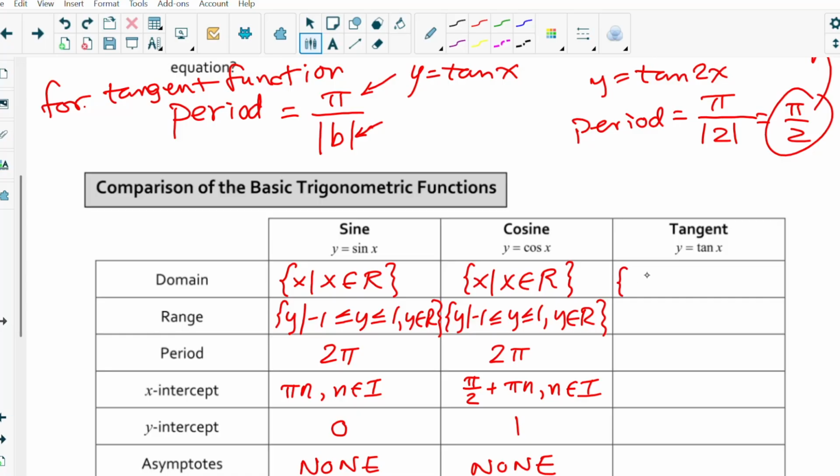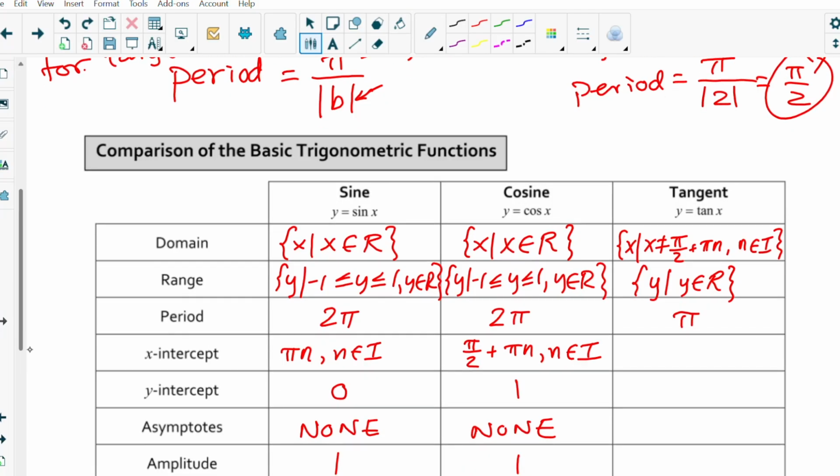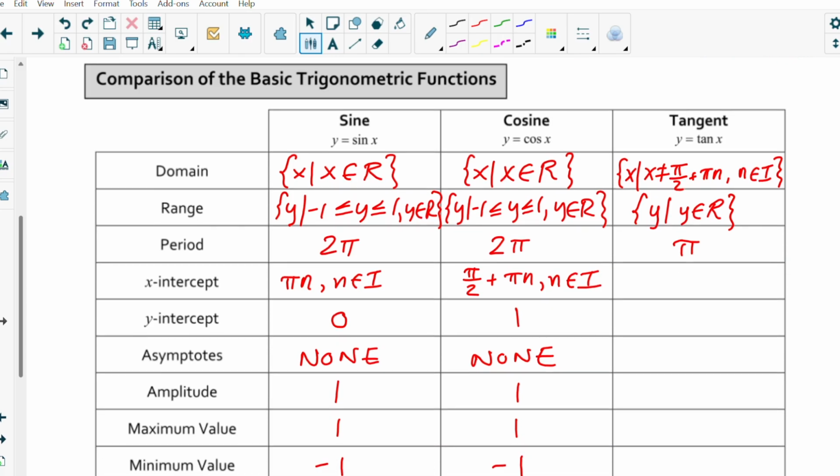Tangent function, the domain. We define the domain of the tangent function as excluding the asymptotes, where n is an element of the integers. The range is all real numbers. The period we saw for the tangent function is pi. The x-intercepts vary every pi units.